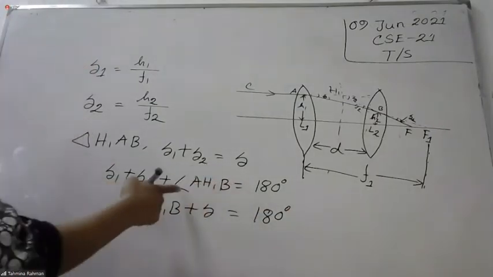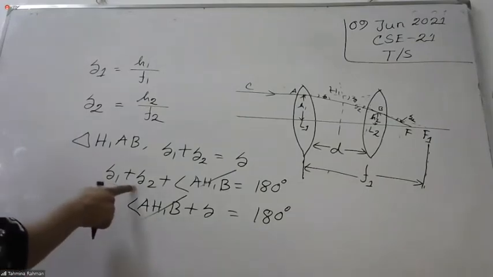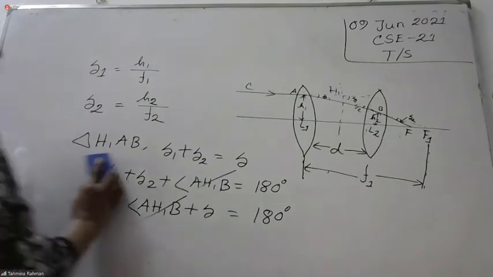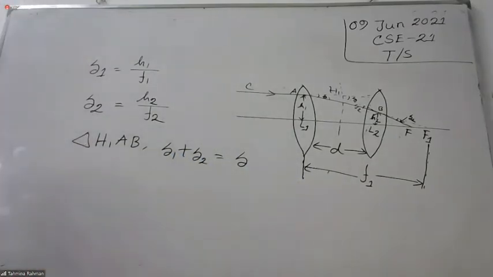So this equals this, this angle cancels, and del 1 plus del 2 is equal to del. So we get del 1 plus del 2 equal to del.